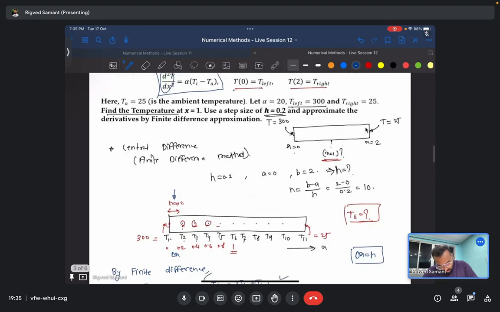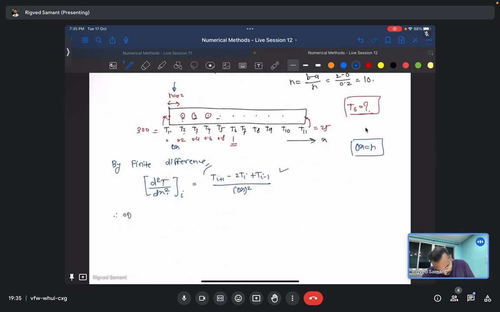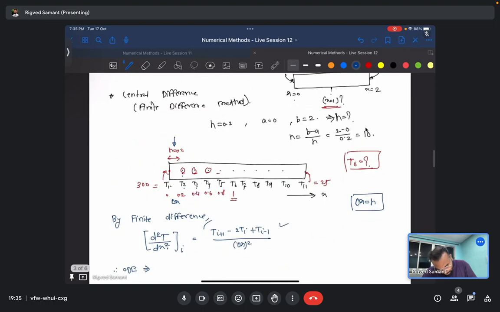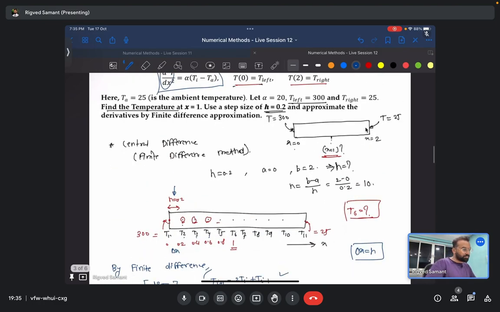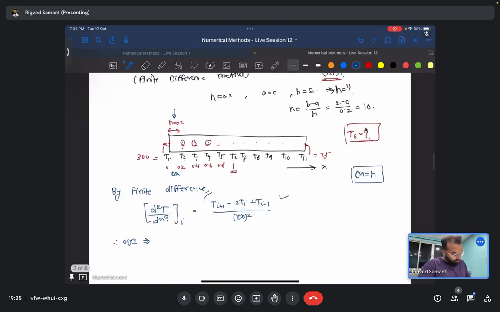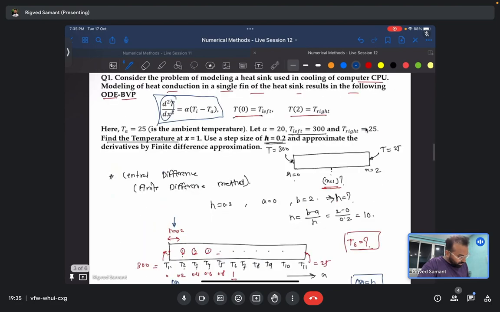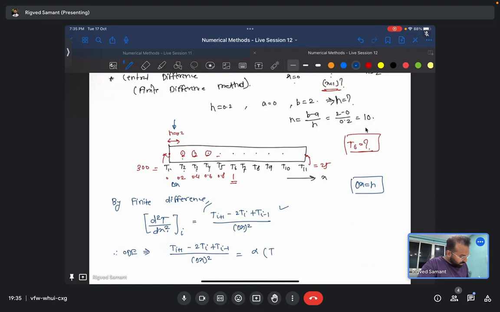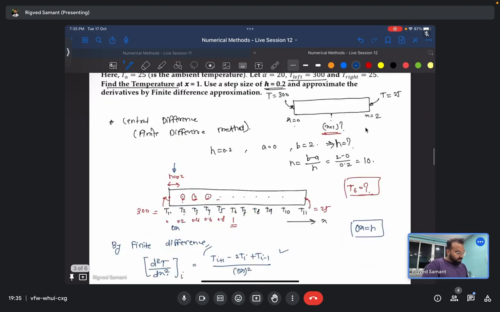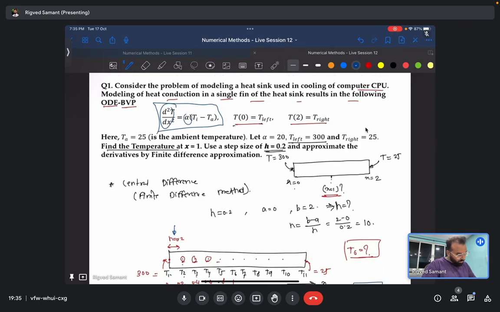Therefore the ODE becomes T(i plus 1) minus 2T(i) plus T(i minus 1) divided by delta x square equal to alpha times (Ti minus Ta). Now you know the value of alpha, right? Ti depends on the i value you are working on, and Ta, the ambient temperature, is also given to you.